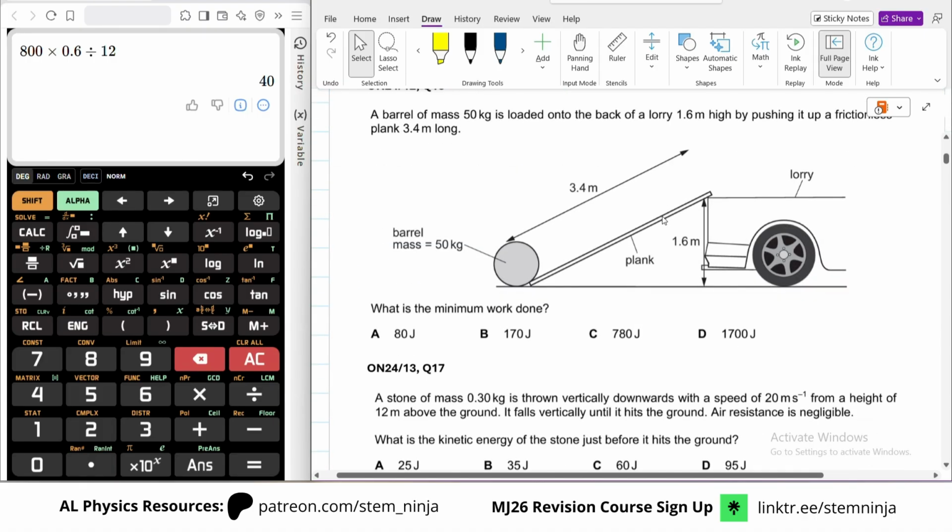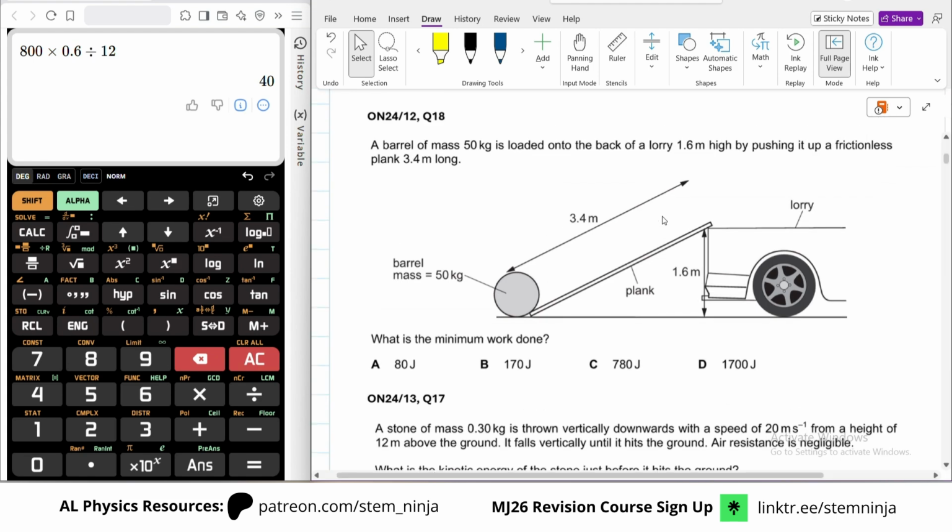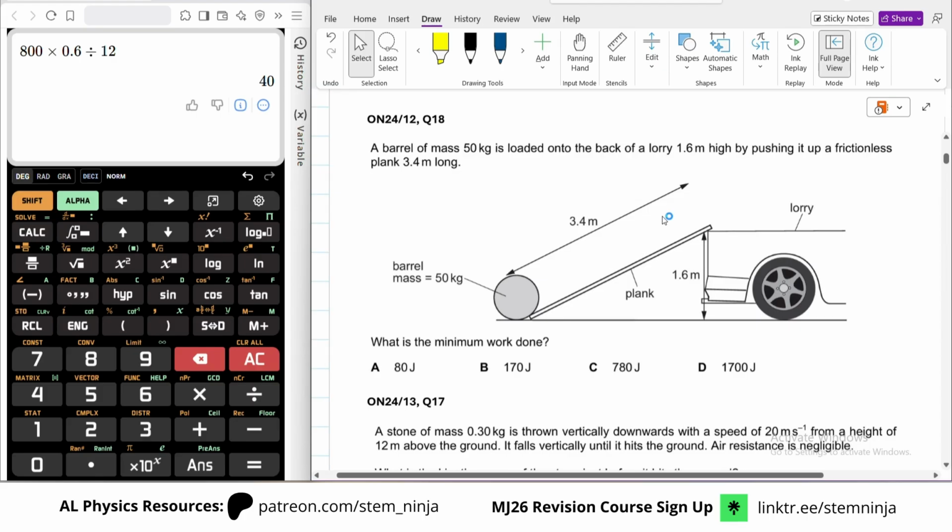A barrel of mass 50 kg is loaded onto the back of a lorry 1.6 meters high by pushing it up a frictionless plank 3.4 meters long. What is the minimum work done? Okay. Now, minimum work done is basically the work done against gravity, which is simply mgh.